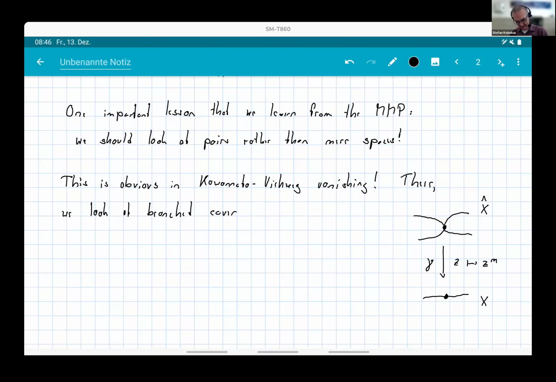I'd like to look at a branched cover that locally looks like so. And then the canonical bundle.